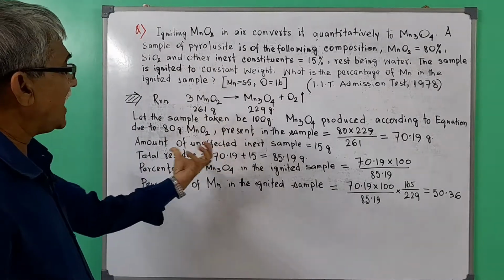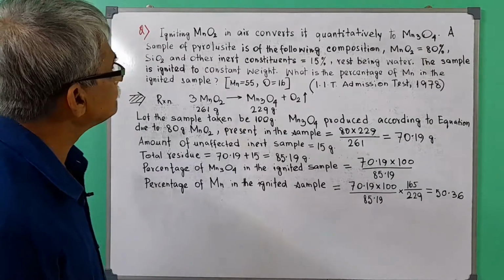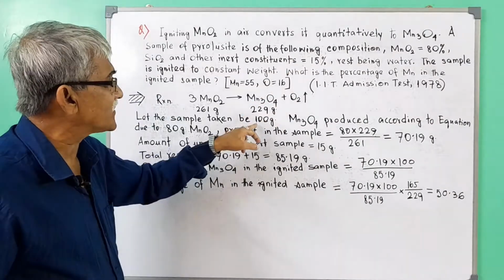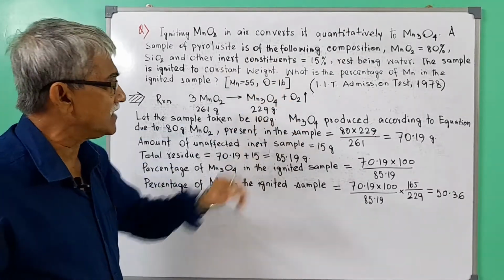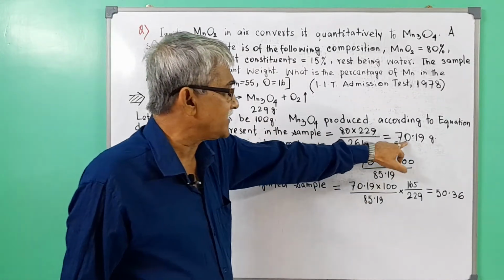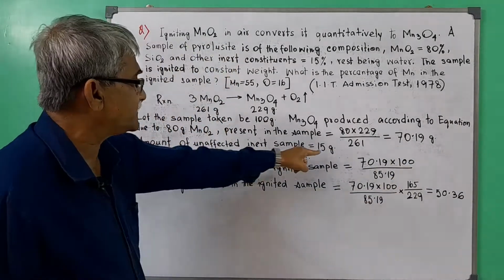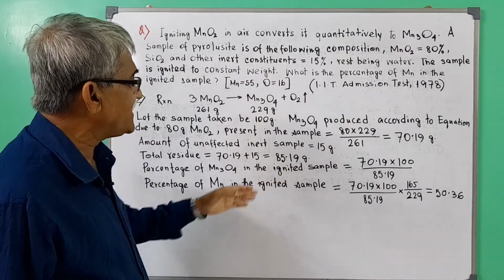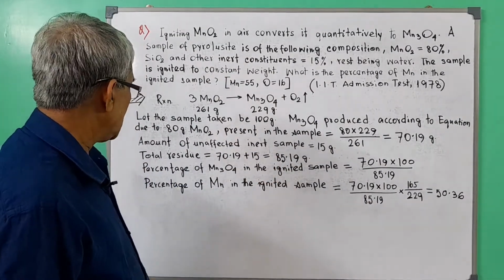The amount of unaffected inert sample equals 15 gram. 15% is given, you have taken 100 gram, so 15 gram is obvious. Therefore, the total residue is equal to 70.19 plus 15, which adds up to 85.19 gram.